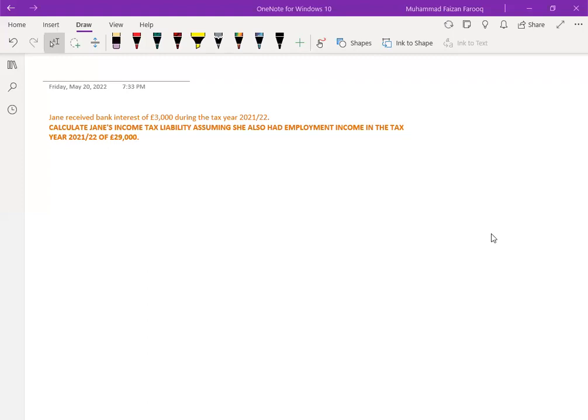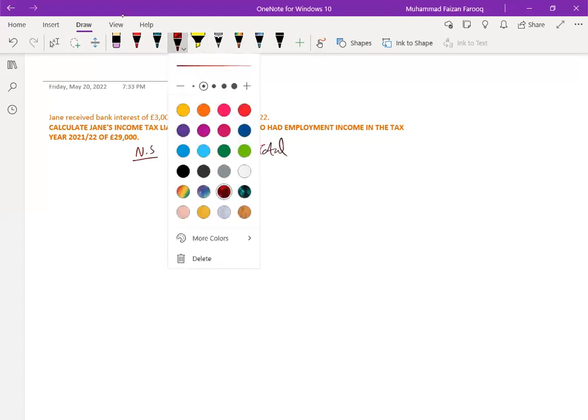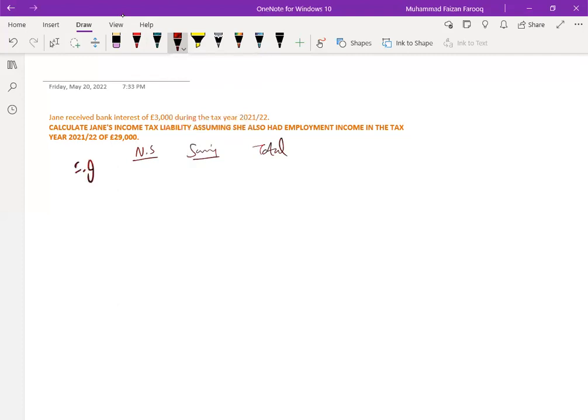Here we have the next question. Please read it out. Jane received bank interest of £3,000 during the tax year 2021 to 2022. Calculate Jane's income tax liability when she has employment income in the tax year 2021 to 2022 of £29,000.